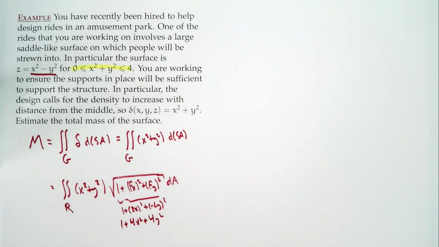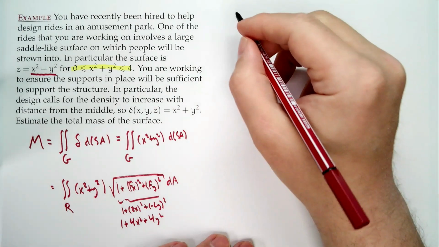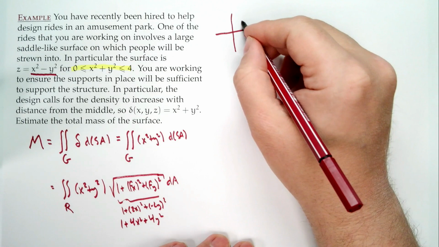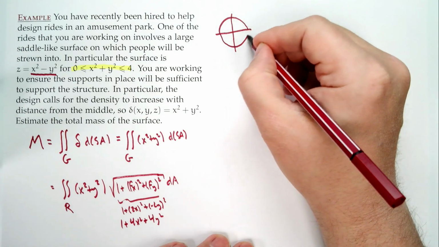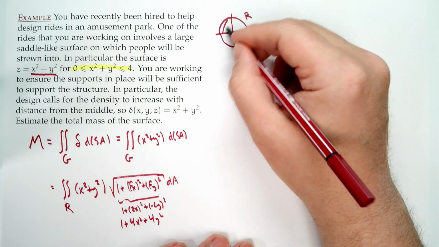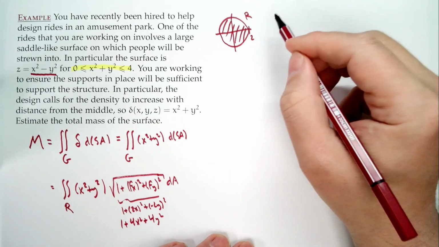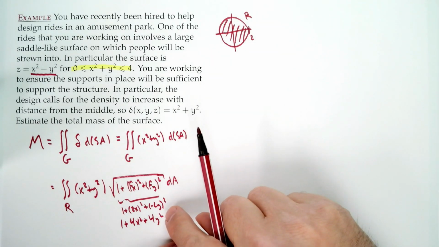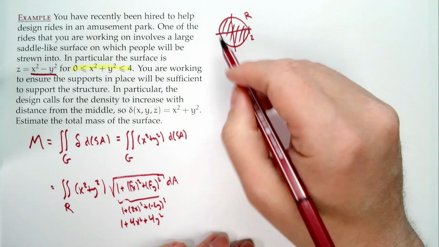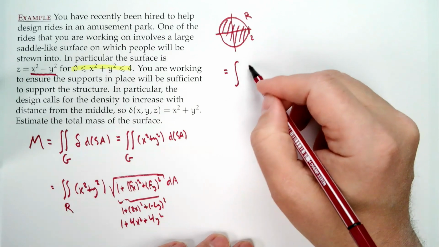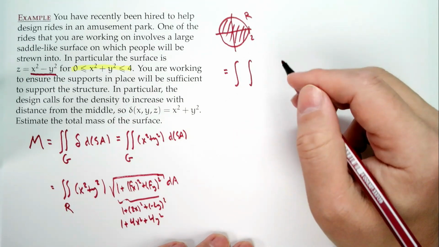Now look at this problem. We say, there's an awful lot of x squared, y squared action going on here. So let's transition. Our region, x squared plus y squared less than or equal to 4, our region R, is a circle of radius 2. So since we see x squared plus y squared everywhere and we see a circle here, we can say, all right, let's do polar coordinates.